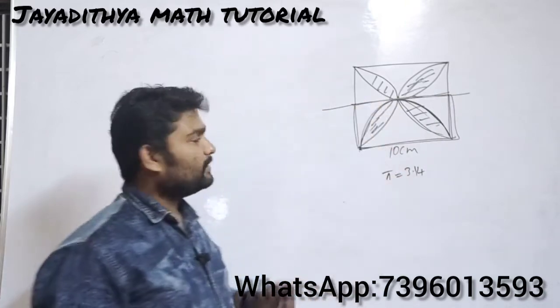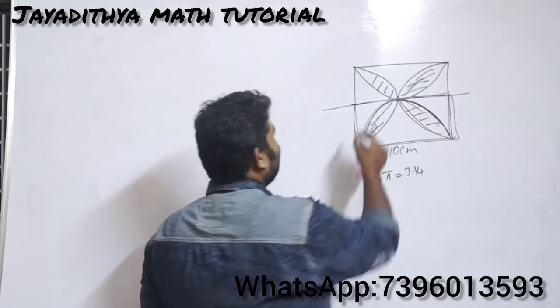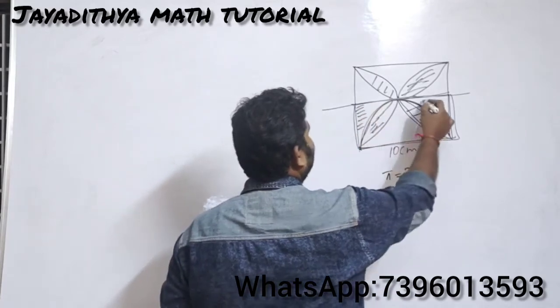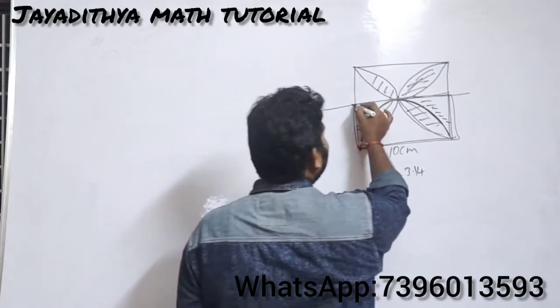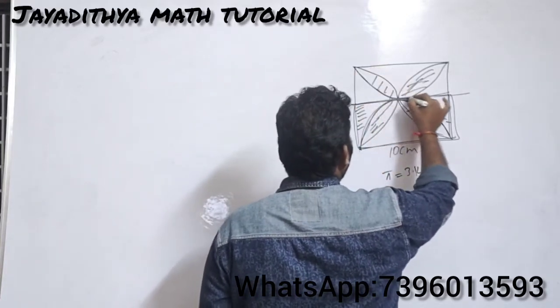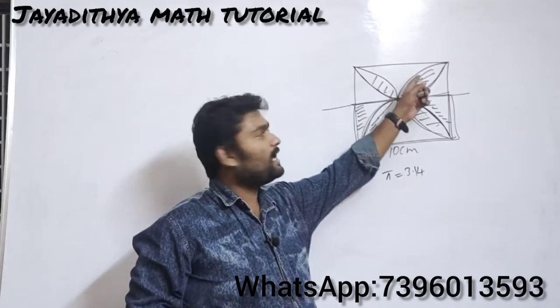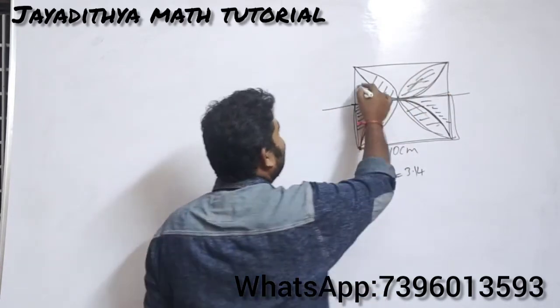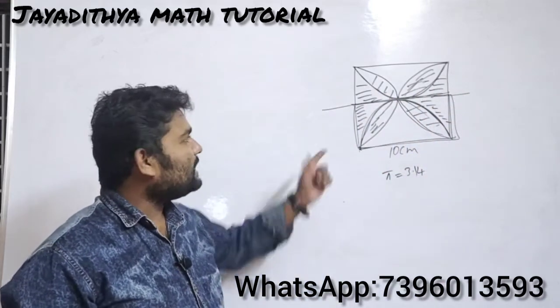If I subtract the semicircle, then I can get this part. And in the same way, if I subtract the semicircle area from the rectangle on the top, then I will get this part. Clear?